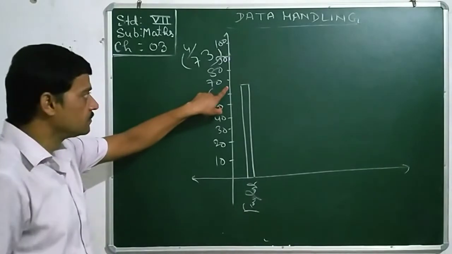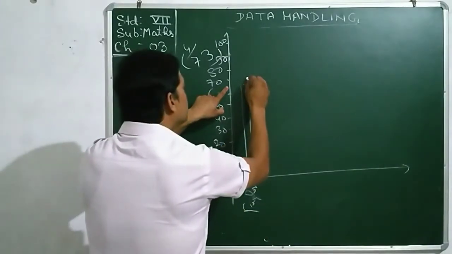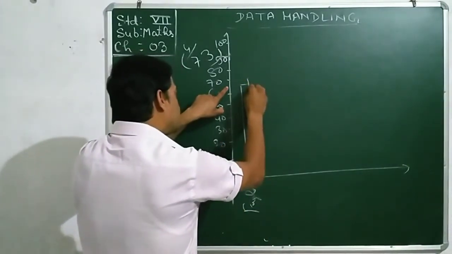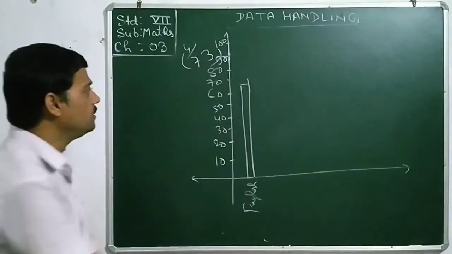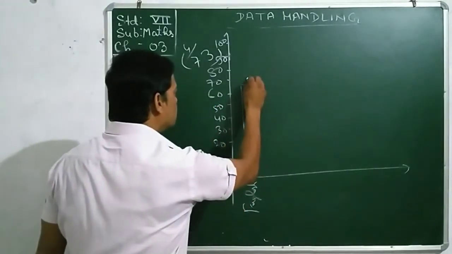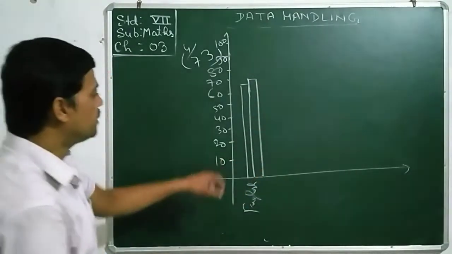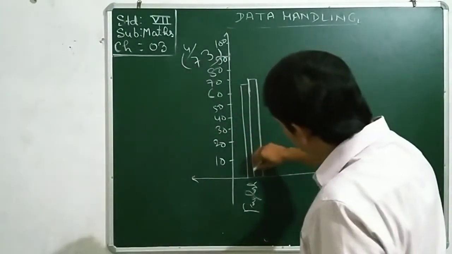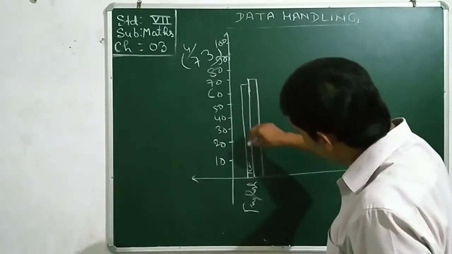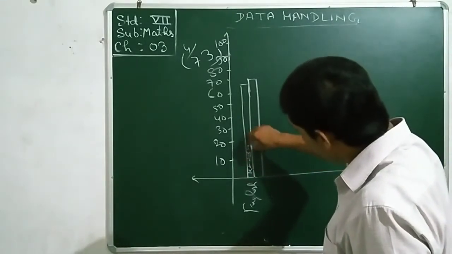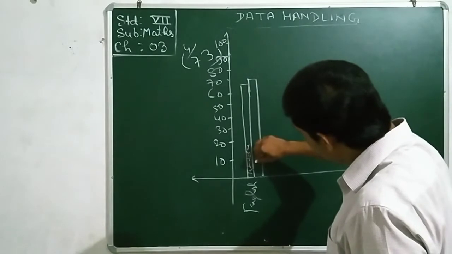And along with this side, keeping one line common, draw up another. This is for the first term and this is for the second term.